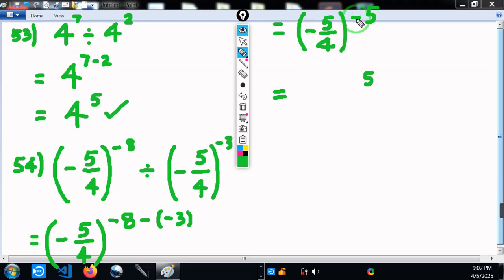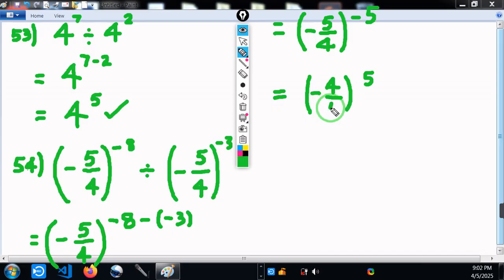I've taken the negative off. That will happen when whatever is the inner will invert. Invert meaning 5 over 4 becomes 4 over 5, because the 1 over will always give a final upside down answer of the fraction.